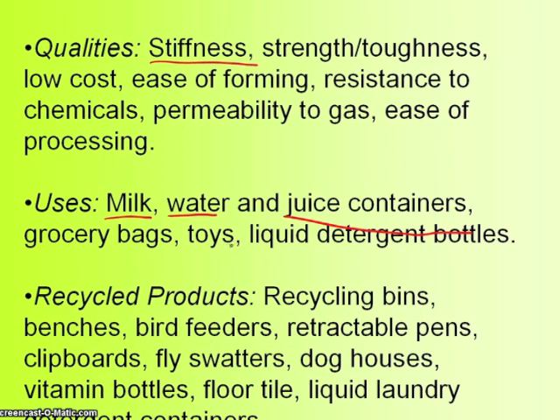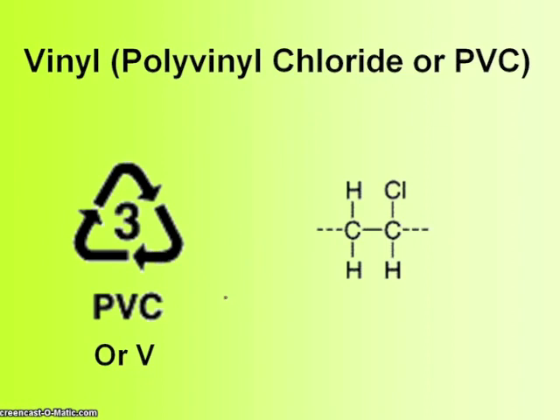You can usually see through them, but it's going to be more opaque, where you can see the color of milk through it, but it's not always going to be perfectly clear. And when you recycle them, you can make them into benches, bird feeders, fly swatters. So notice that we can use them originally, but we can also recycle them into other products as well.